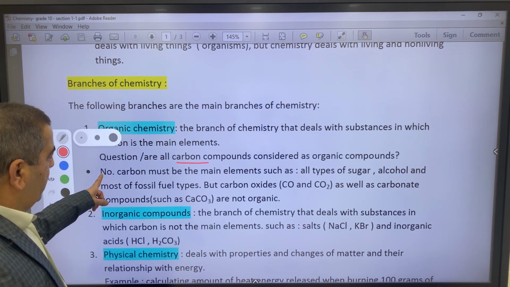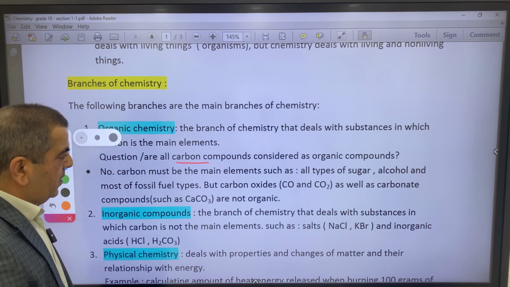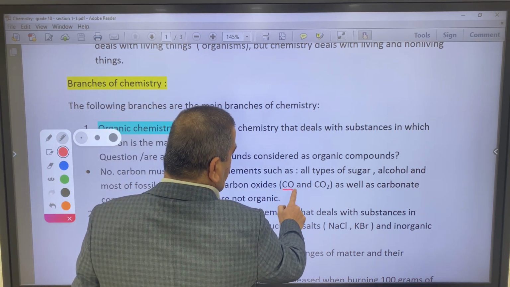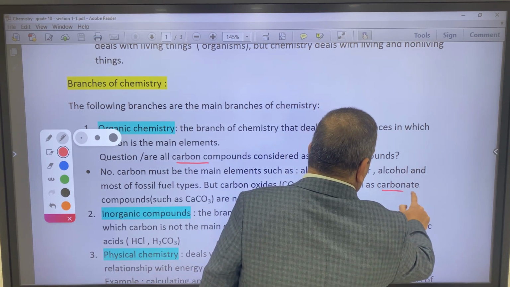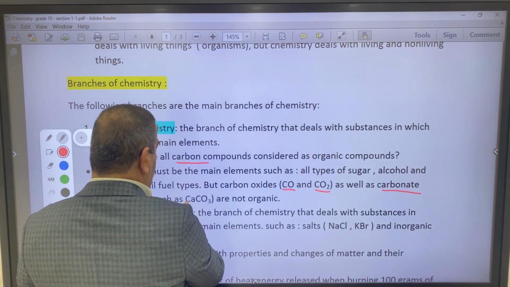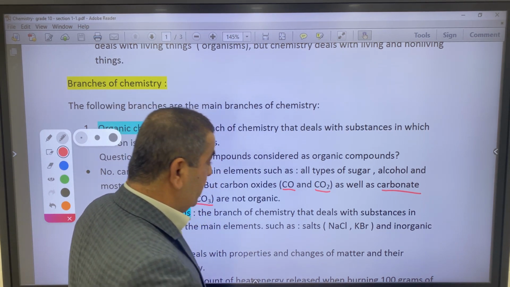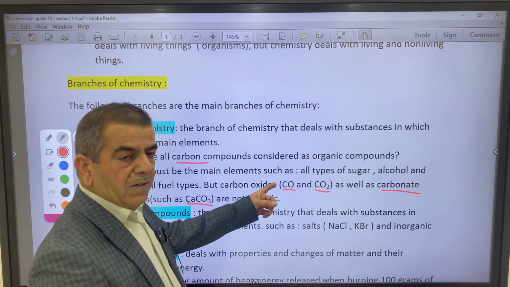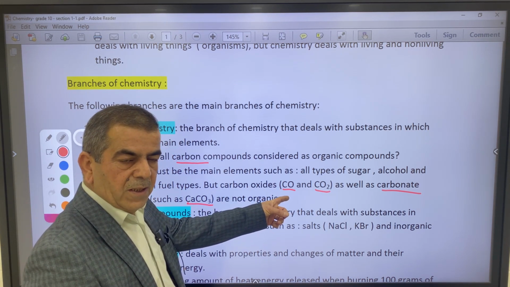Definitely no. Why definitely no? Because some compounds such as carbon monoxide, carbon dioxide, and carbonates such as CaCO3 that are present in mountain rocks are not organic. Why? Because carbon here is not the main element.